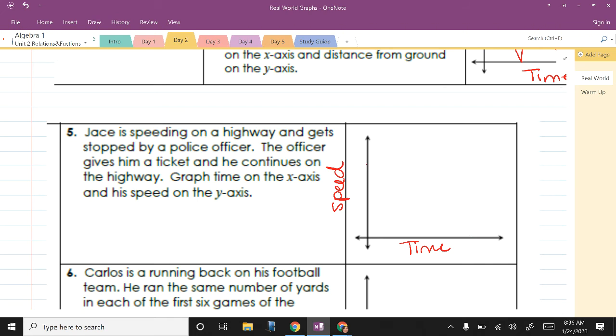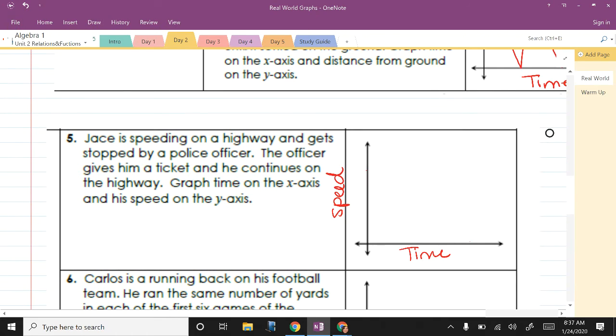Okay? So, Jace is speeding on the highway. So if he's speeding on the highway, he's starting out pretty fast, right? Okay. And he gets stopped by a police officer. What happens to his speed when he gets stopped? It goes down. All the way to the ground, right? His speed does. So he's speeding. We don't know if he's got his cruise control on. If that's the case, he's speeding level. He could be increasing in speed, right?